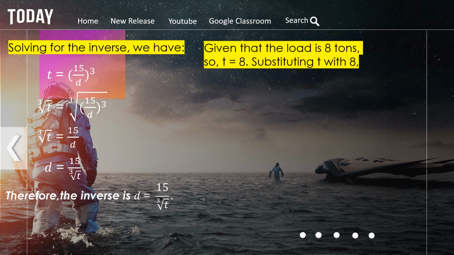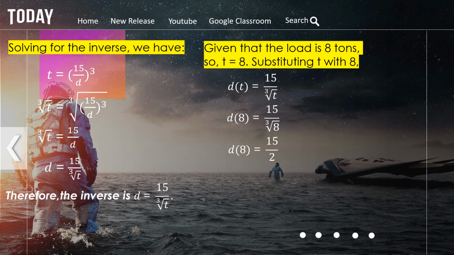Given that the load is 8 tons, T is equal to 8. And we need to substitute T with 8. Therefore, we have D of T is equal to 15 over cube root of T. Input the value, which is 8, and we have D of 8 is equal to 15 over cube root of 8.